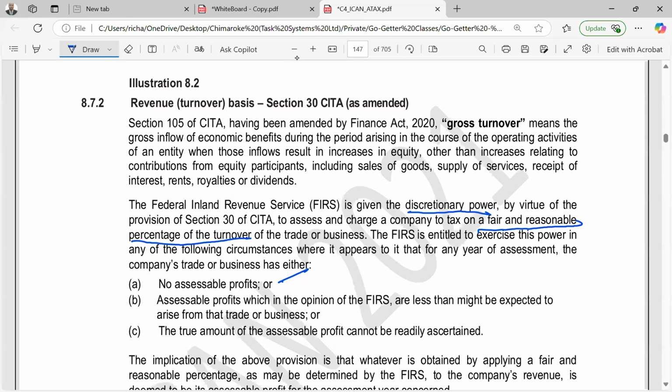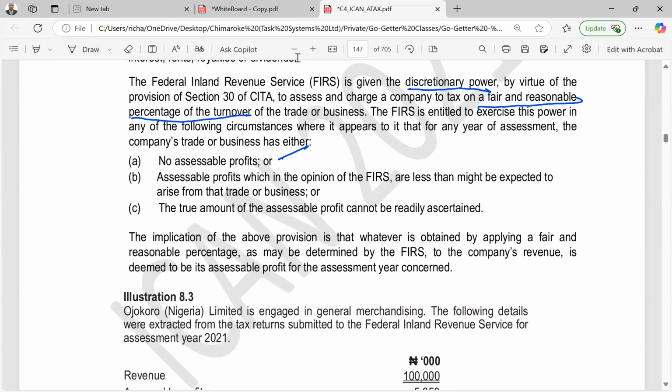They say, okay, no problem. We are having difficulties finding the assessable profit. Let us use revenue basis. So mind you, we are going to use a fair percentage. The implication of the above provision is that whatever is obtained by applying a fair and reasonable percentage as determined by the FIRS to the company's revenue is deemed to be the assessable profit for the year.